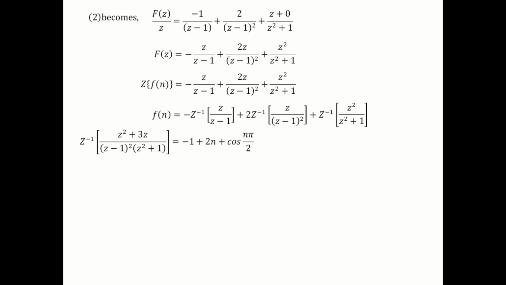So instead of a you are having 1, 1 power n into n, so 2 into n, right? Next one, z inverse of z squared by z squared plus a squared formula. So instead of a you are having 1, so that is equal to cos n pi by 2. So therefore the inverse of z squared plus 3z by z minus 1 squared into z squared plus 1 is equal to minus 1 plus 2n plus cos n pi by 2.